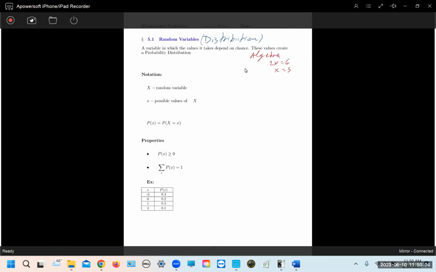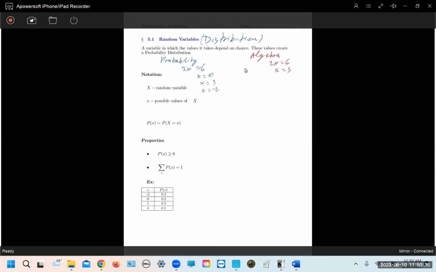But in this case, we use probability. So we still have 2x equals 6, but there are possible chances: x equals 0, x equals 3, x equals -2.